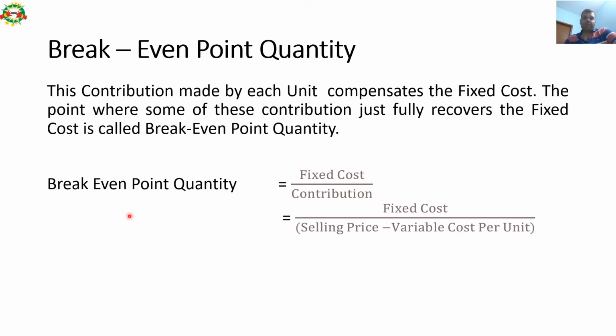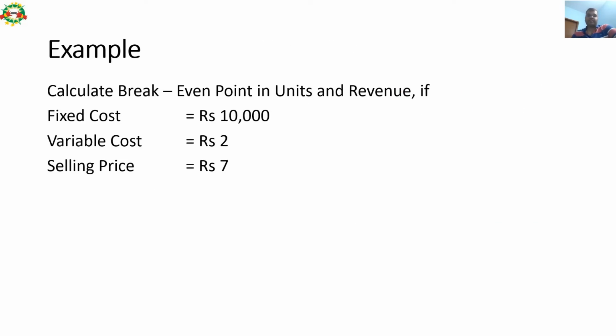So the formula for break-even point quantity is fixed cost divided by contribution, where contribution is selling price minus variable cost per unit. Let us understand this concept with the help of an example.